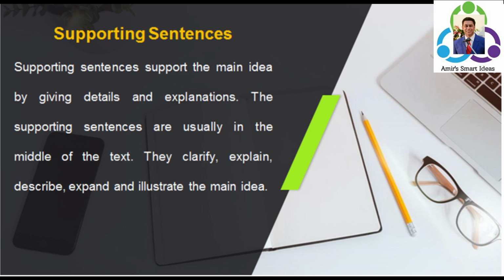So therefore, in between parts, if you take sentence 1 as topic sentence and sentence 5 as the concluding sentence, the 3 sentences in between, which are sentence number 2, 3 and 4, will naturally be called the supporting sentences. What is their role is that they clarify, explain, describe, expand and illustrate the main idea.